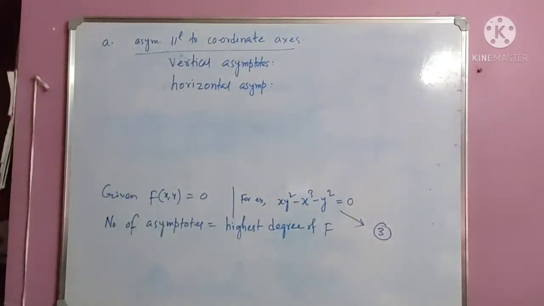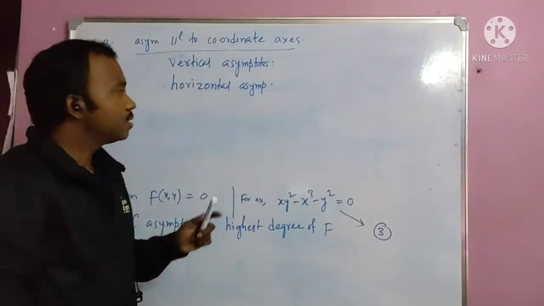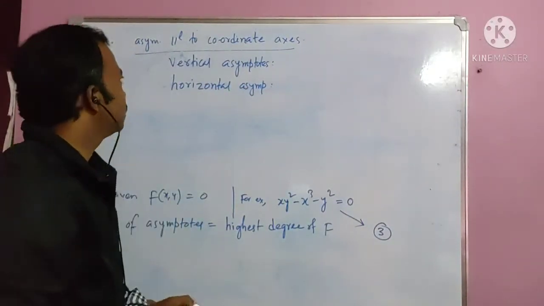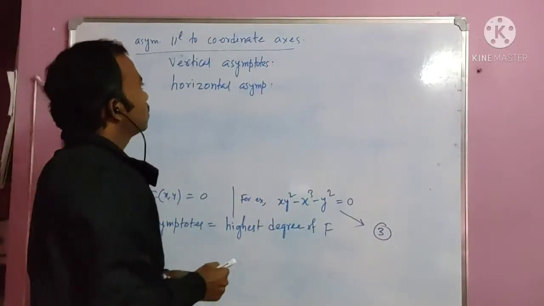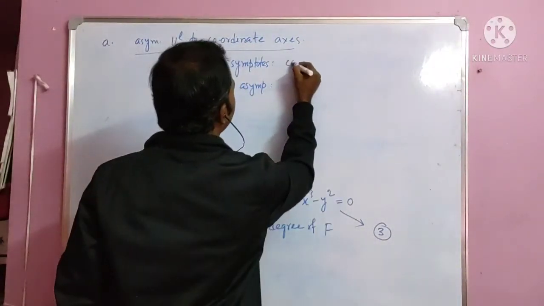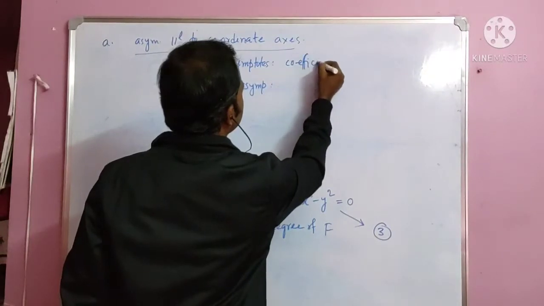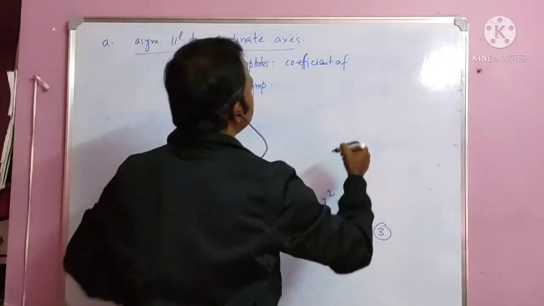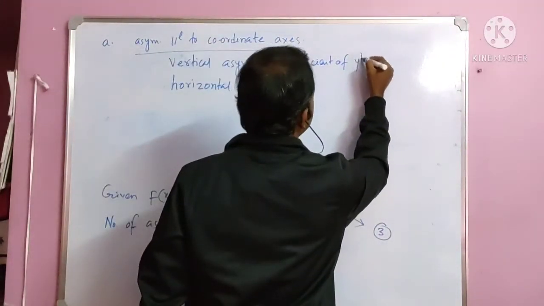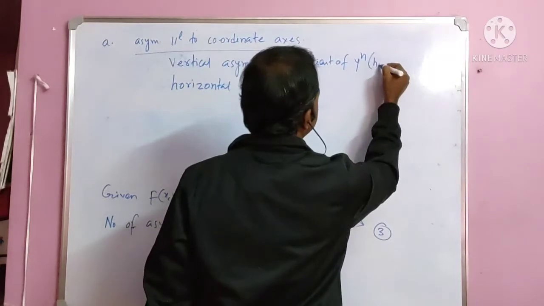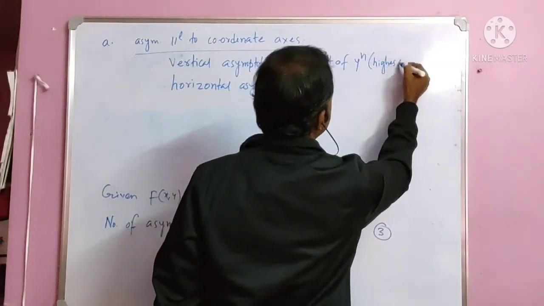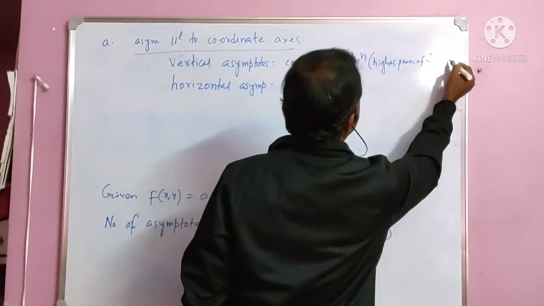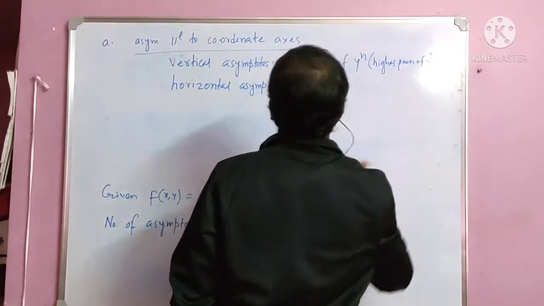Okay, now how to find these vertical asymptotes first? The formula is very simple. What you have to do, first make the coefficient of y to the power n, since it is vertical, where y to the power n is the highest power of y, equal to 0.